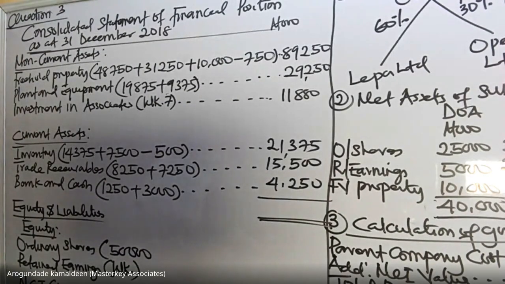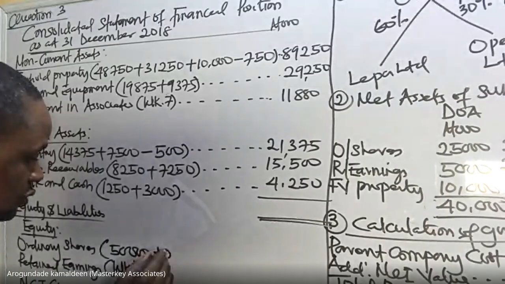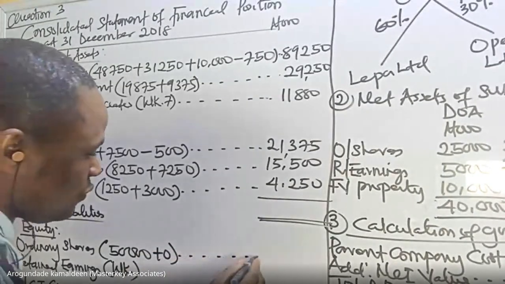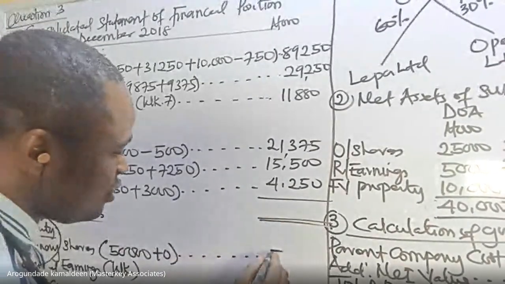Now, for equity, okay? Because the parent company did not issue any share as purchase consideration, it means the value of its shares is the same. Just say plus 0, okay? Here we have 50,000.